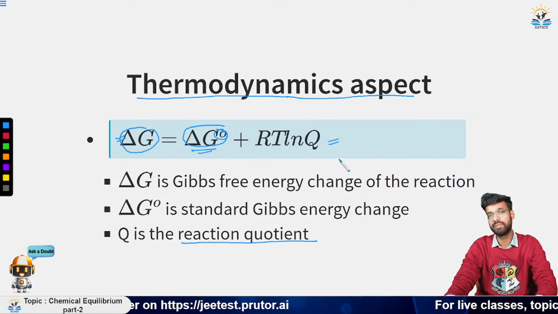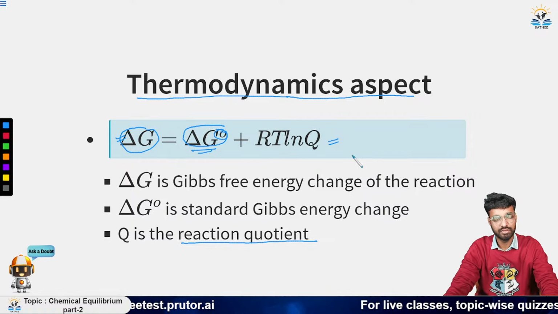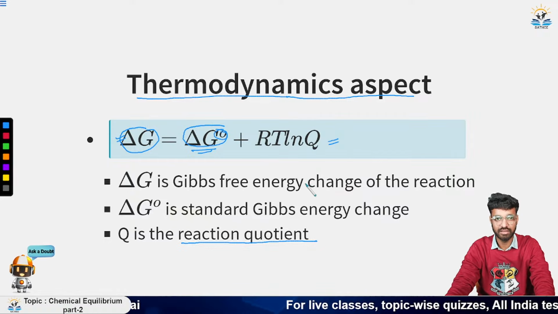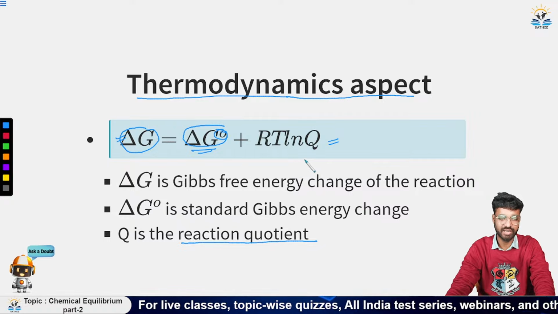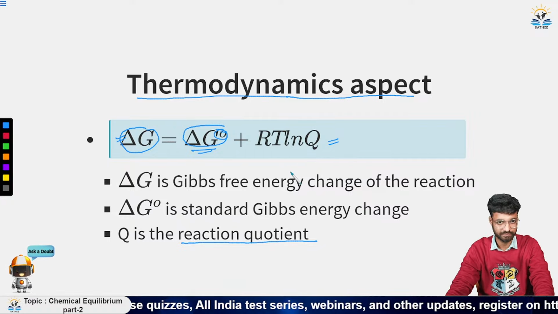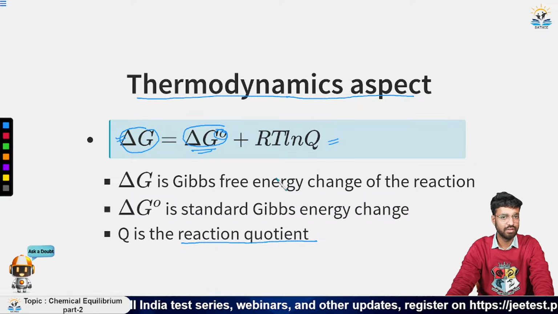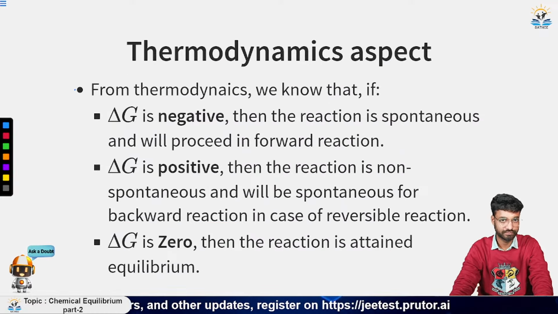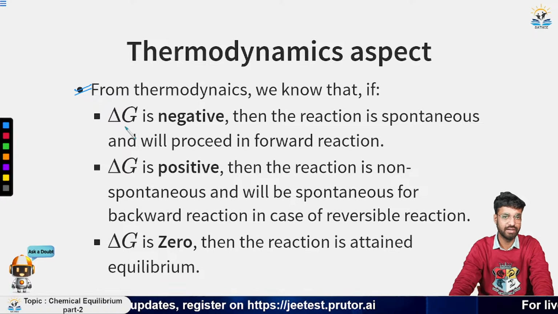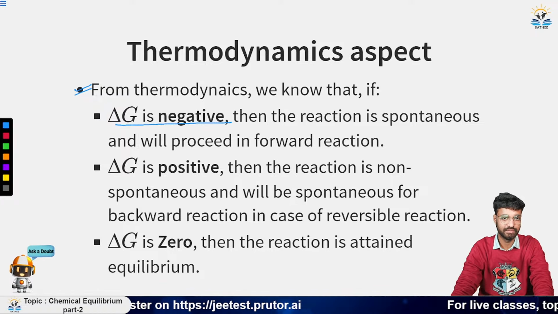It is used multiple times in thermodynamics, as well as in electrochemistry, as well as in this chapter, that is equilibrium constant. So overall this formula is very important. Yes. So we have three aspects of this formula. The first aspect is that delta G is negative.